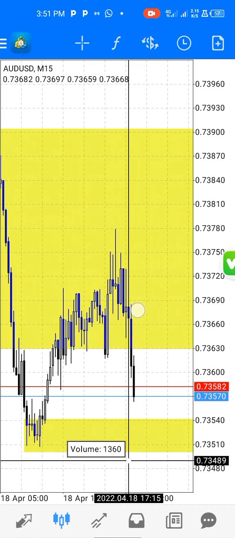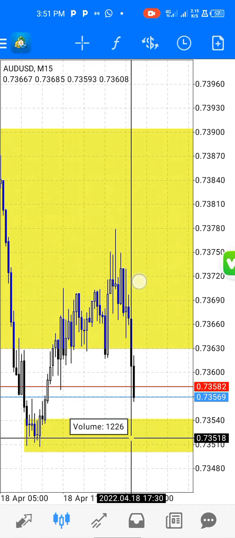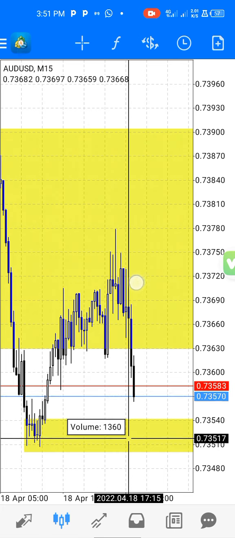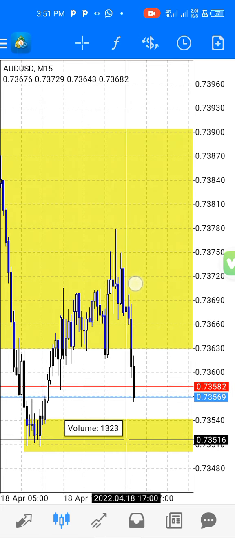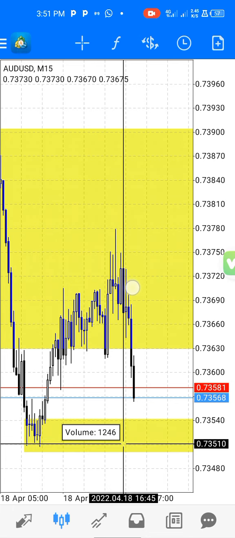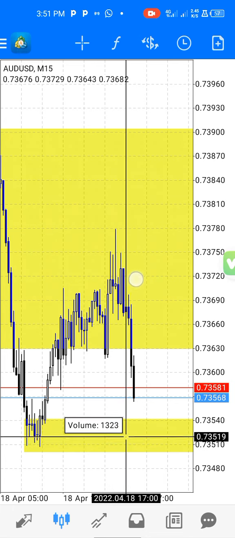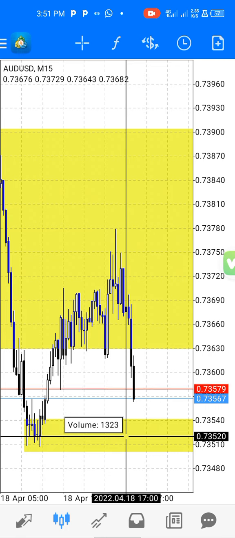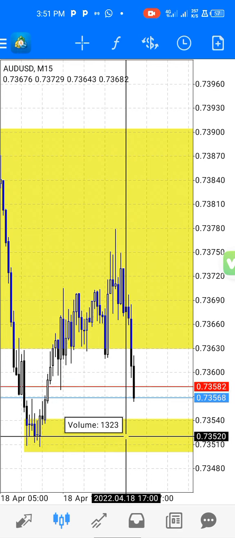Reading this, I can put my order at 6352. So I believe that once price gets there, it should activate, and then I expect price to reverse and go massively bullish. At least I should be expecting over 50 pips.